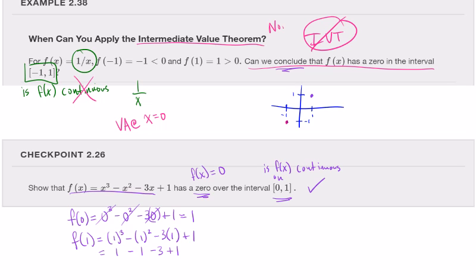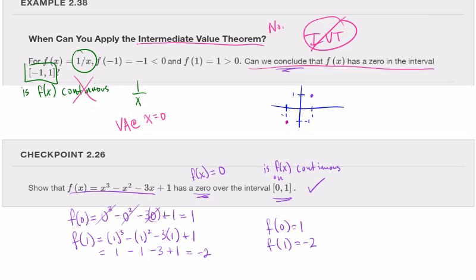I don't really need to know exactly what this is, but I want to know that it's negative, and that's the case here. This ends up being negative 2, but the main thing we want to take away is that it's negative. So we know that f of 0 is 1, and f of 1 is negative 2, and we know the function is continuous between 0 and 1.